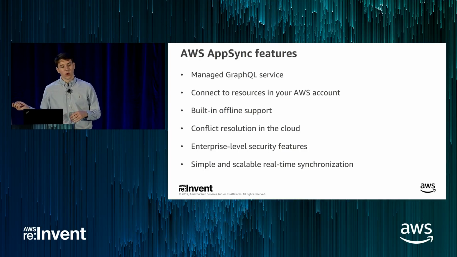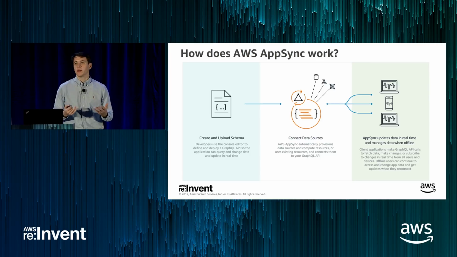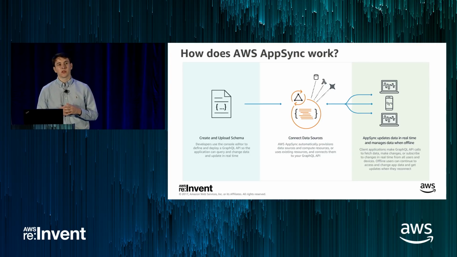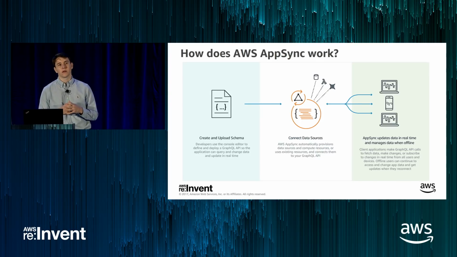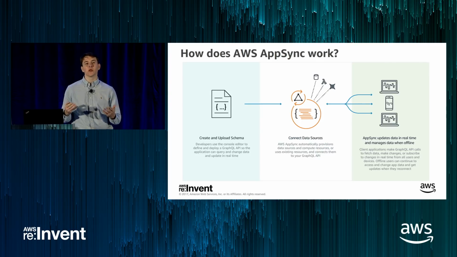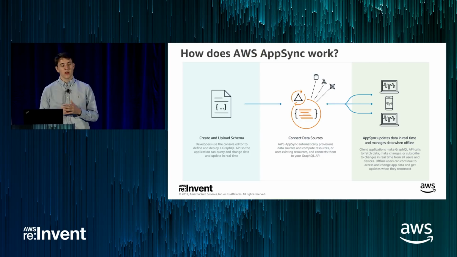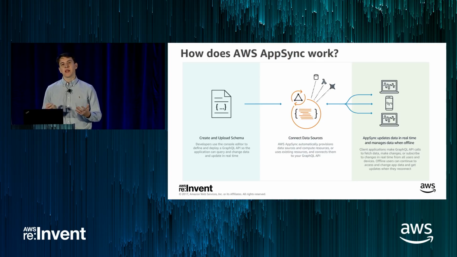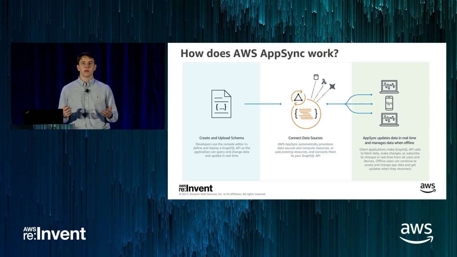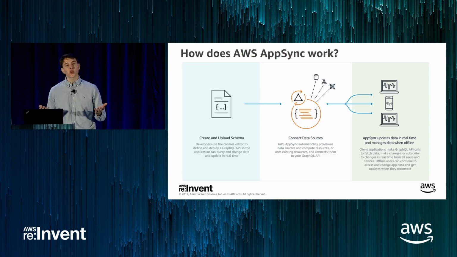So how does AppSync work? As I said, the first step is always creating and defining your schema. Your schema defines your data model. The schema defines the operations that you have access to, your queries, your mutations, your subscriptions, and that's always what you're going to do first. Next, you're going to be able to connect data sources. So these might be data sources that are already in your account. As I said before, we can help you provision these data sources.